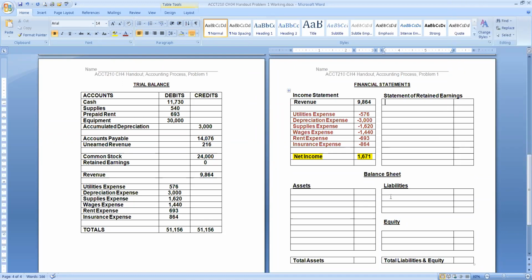Okay, statement of retained earnings. What do we start out with? The net income?